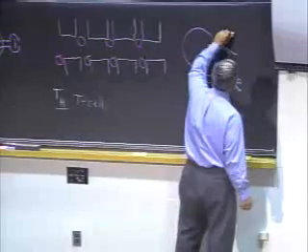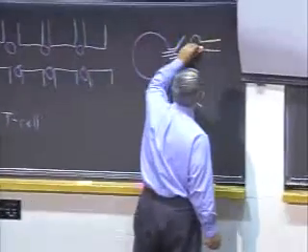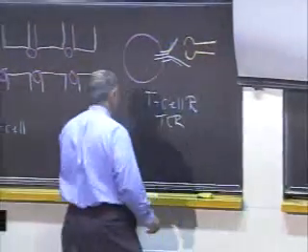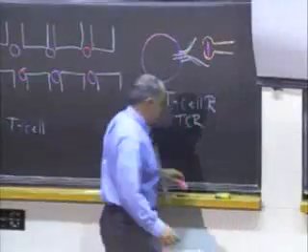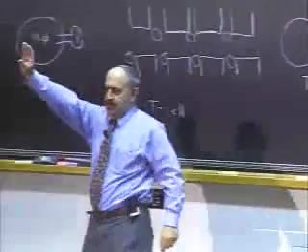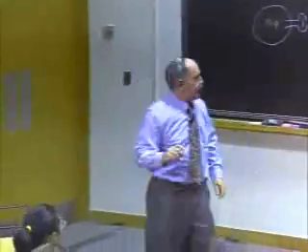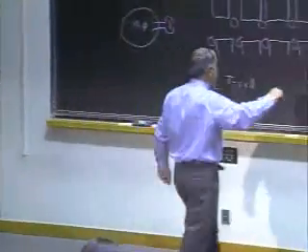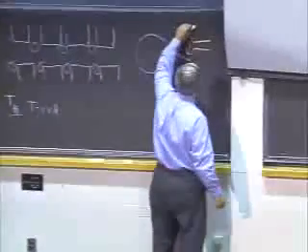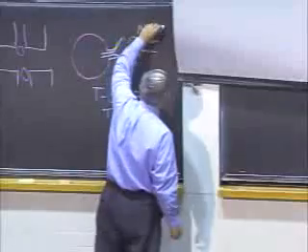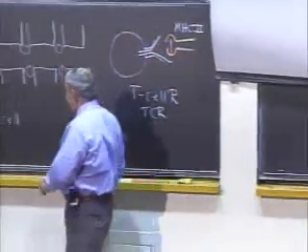So here's an MHC class 2 molecule. We can think of the MHC class 2 as being a hand, which is presenting this oligopeptide. I haven't drawn it as a hand, but you can pretend it's a hand. And this MHC class 2 is being presented by either a macrophage or a dendritic cell.